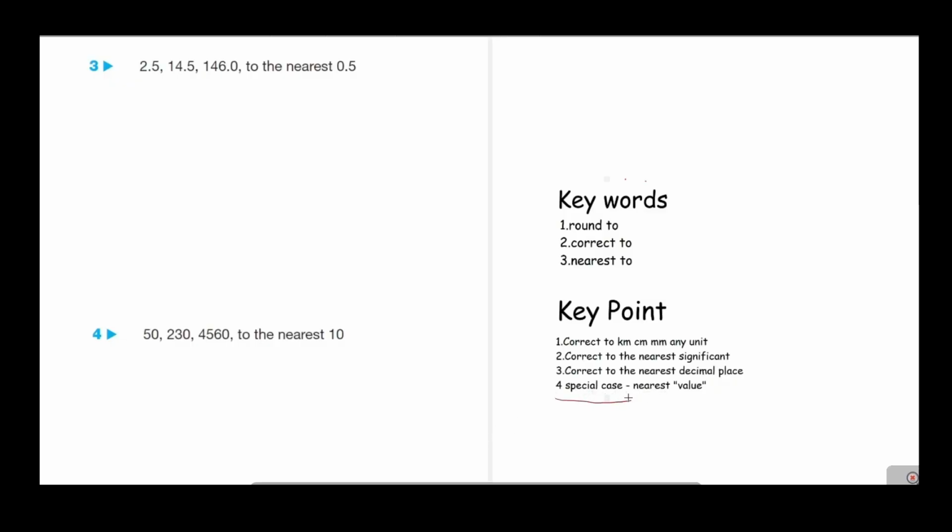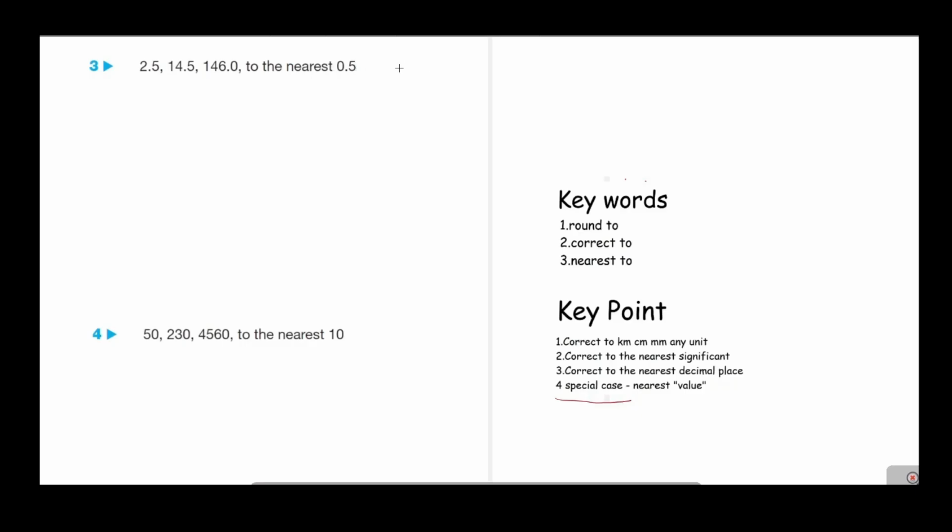Special case explains the nearest value. In our case, it is to the nearest 0.5. If you don't have nearest significant figure, nearest decimal place, or nearest kilometer, nothing, you have to take the value as it is to get the key point.